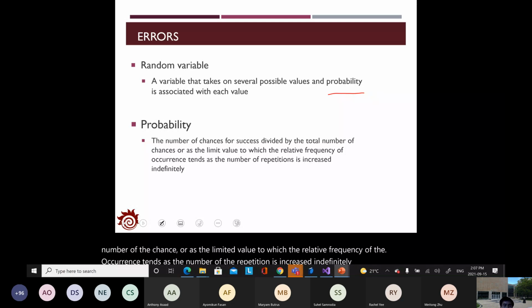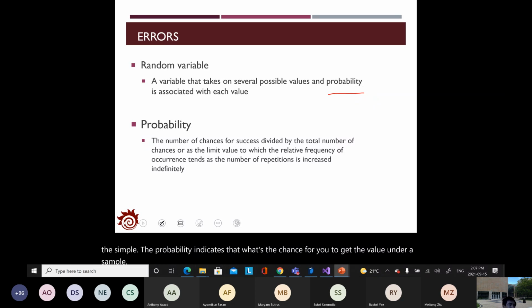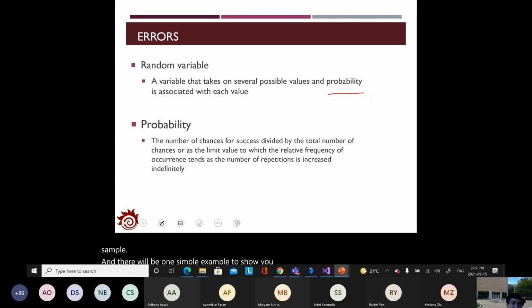To make it simple, the probability indicates the chance for you to get a value under a sample.